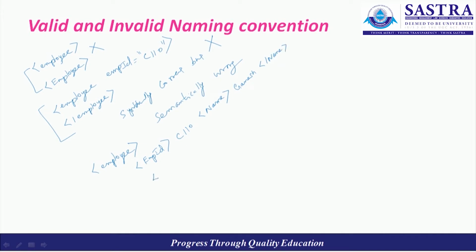After that only I have to close EMP ID. Now it is correct because name is a child of EMP ID. Now the employee should be closed properly, /employee.